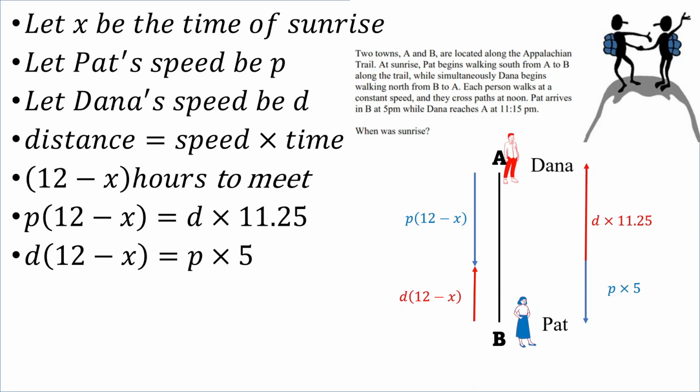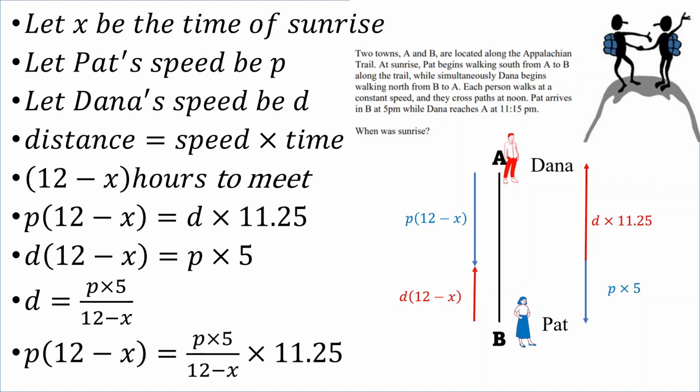Let's start by taking that second equation and rearranging it to make D the subject, and then substituting that into the first equation. So D is equal to P times 5 over 12 minus X. Substituting that into our first equation, we'll have P times 12 minus X equal to P times 5 over 12 minus X, times 11.25.